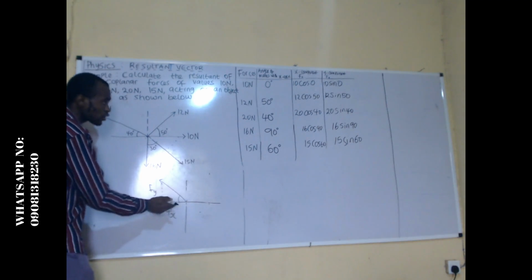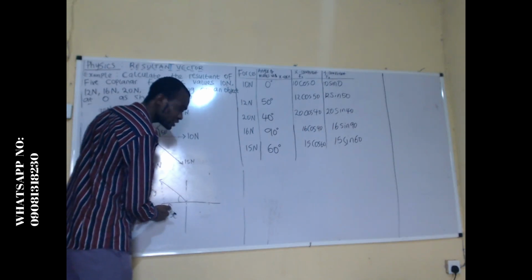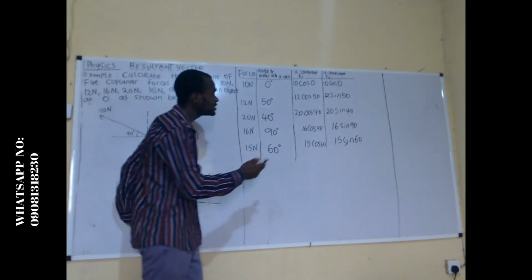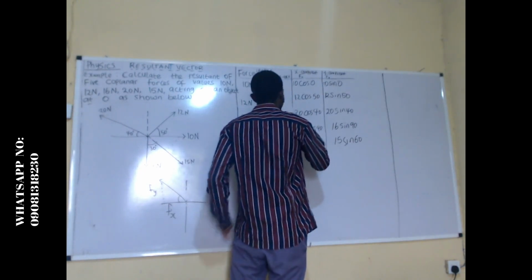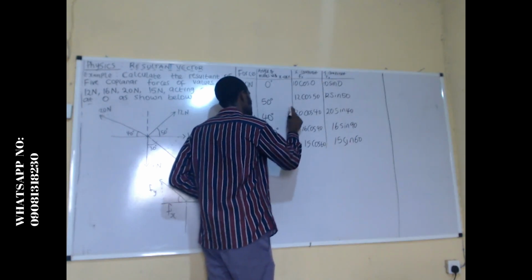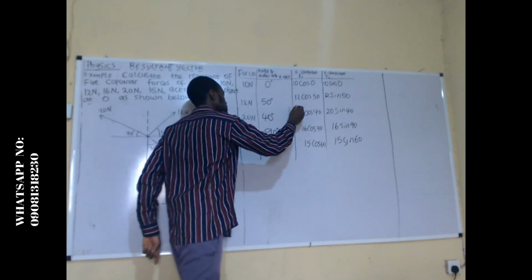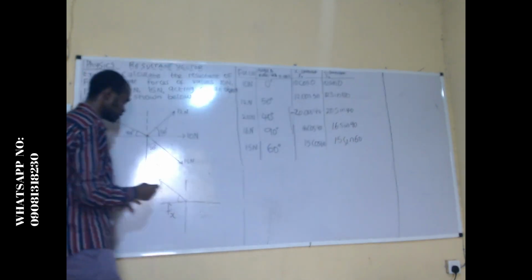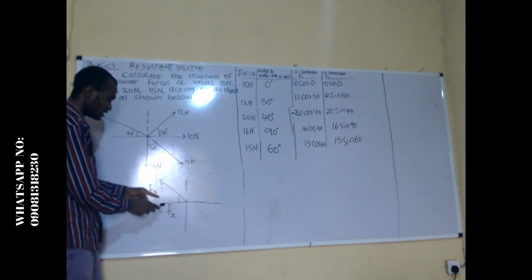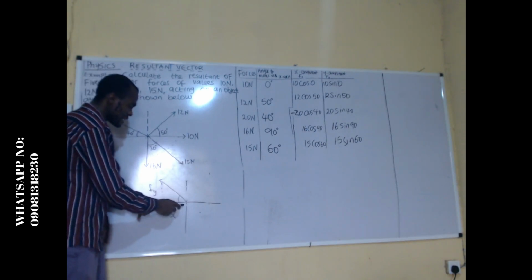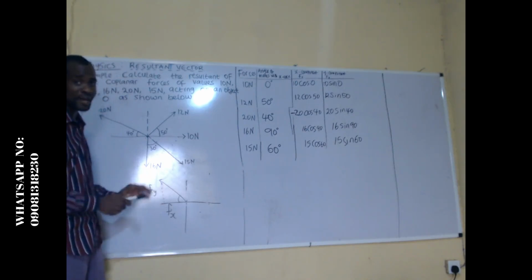So its x component, because it's on the negative x axis, it must carry a negative sign. For that reason, we are going to add minus to this. We are adding minus because when you resolve this force into its x and y components, its x component is on the negative x axis. It is the method we are using.